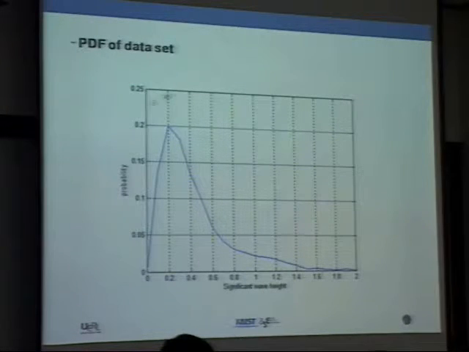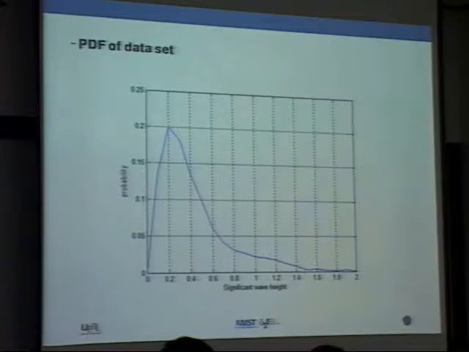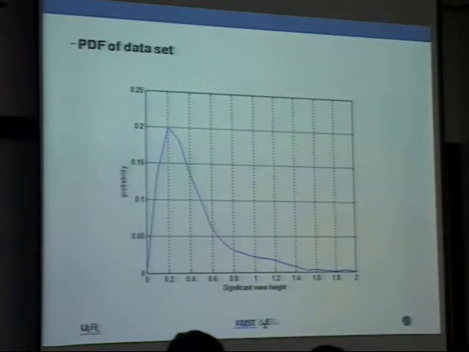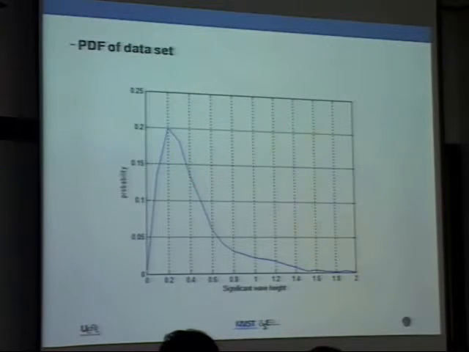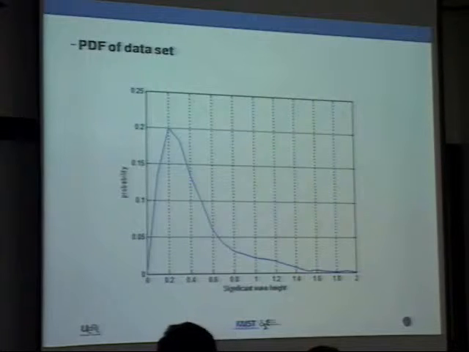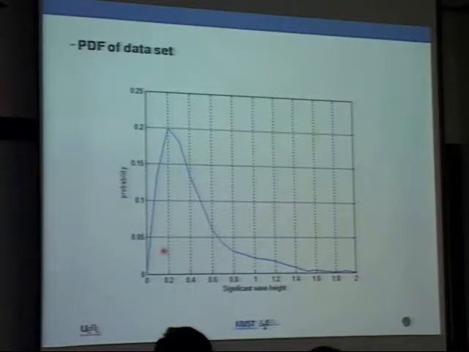This graph is the PDF of the data set. The X-axis is significant wave height, and the Y-axis is the probability of random variable X. As you see in the graph, skewness is positive and kurtosis is maybe a little high.